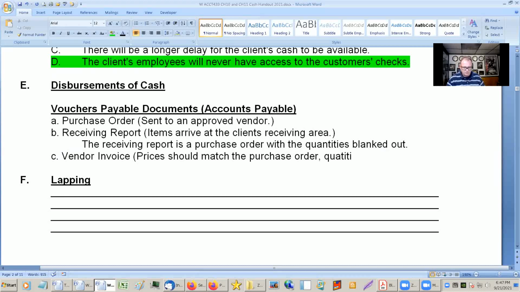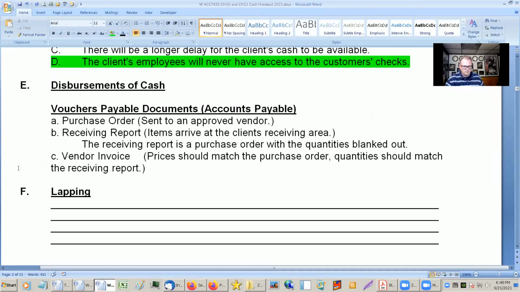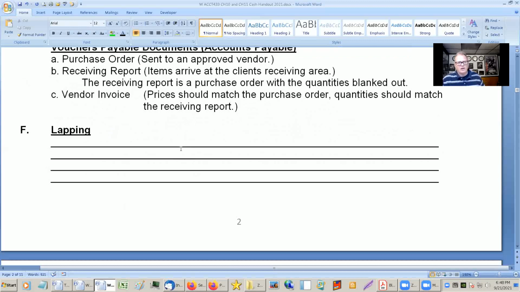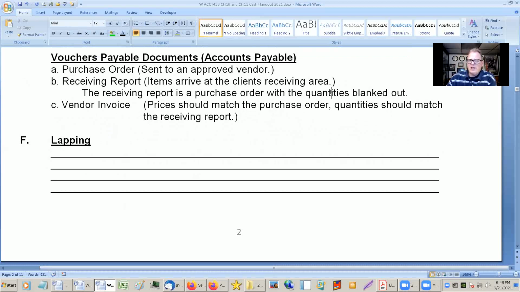What did they agree to for the price? The quantity should match the receiving report.